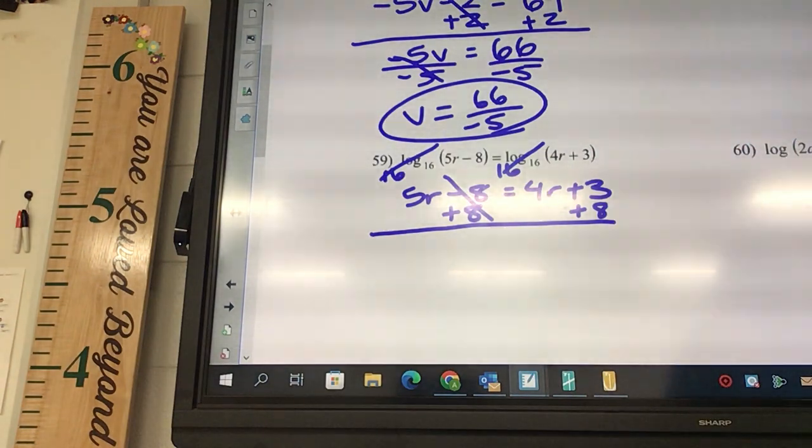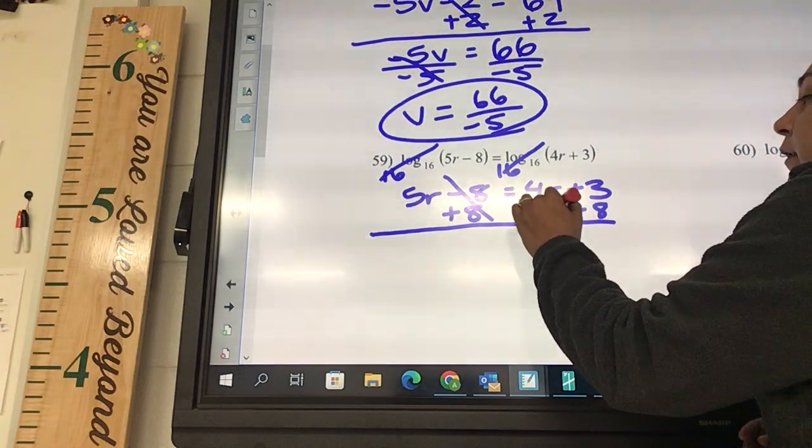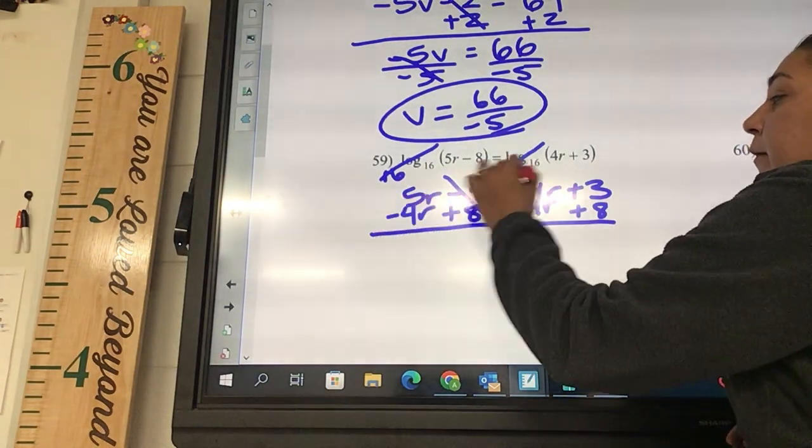Okay, and then, yes, the 4 does need moved. How do I move the 4? There's only 4 options: plus, minus, multiplication, or division. Minus, we're going to say minus 4.